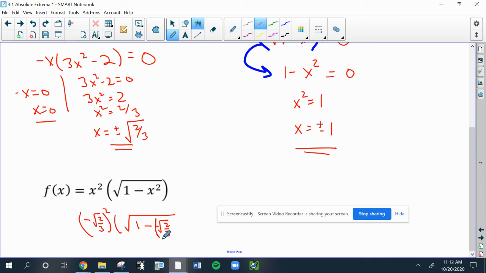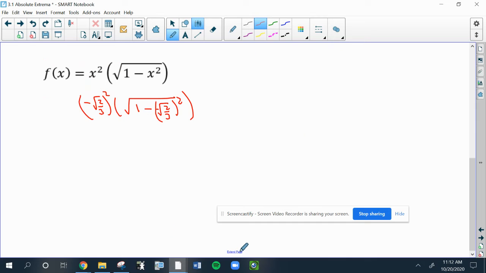We're going to square the root of negative 2/3. When you square it, it becomes positive, and the square gets rid of the radical.